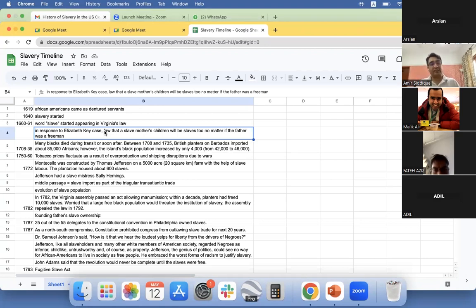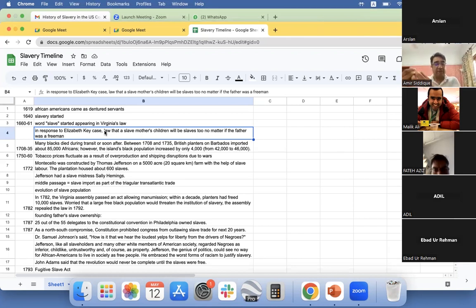So what this law allowed was that people born of a white father and a slave mother, their status would be slavery as well.